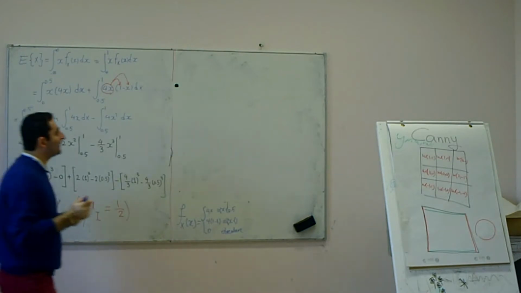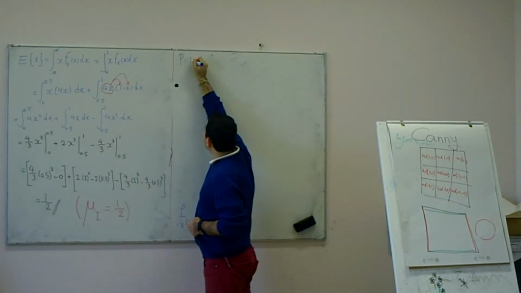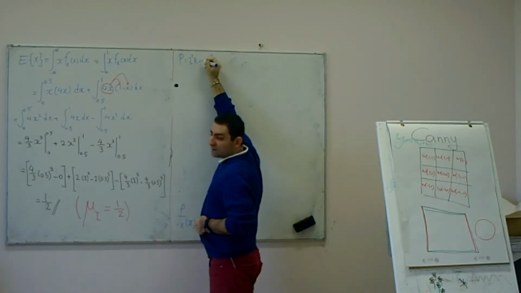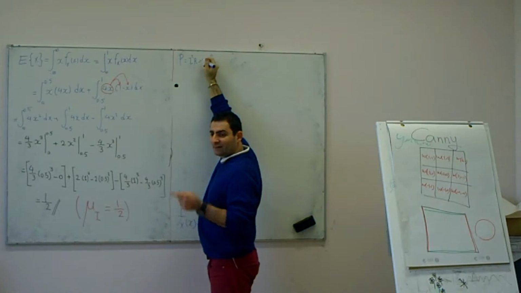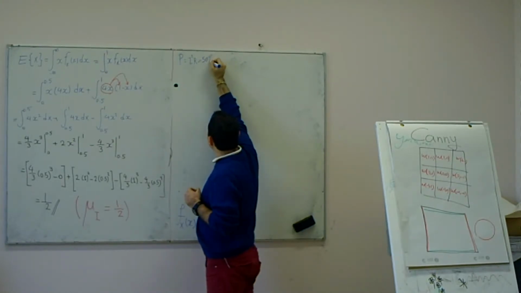For the expected value of the power, we know that P is equal to I squared R. What was the value of R? What was the value of R? 50? 50 I squared.